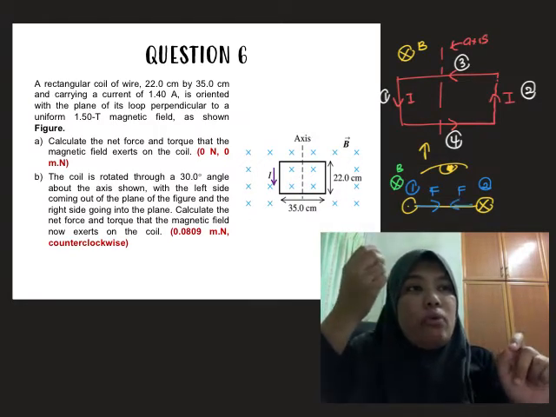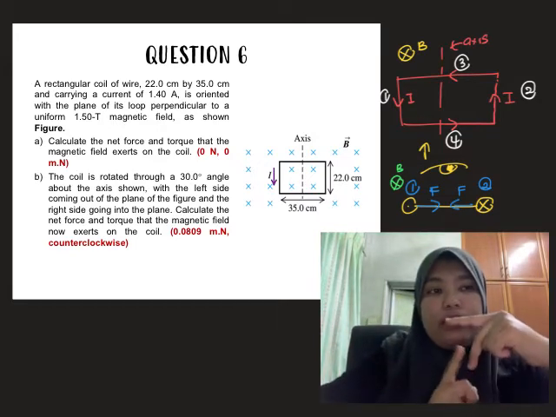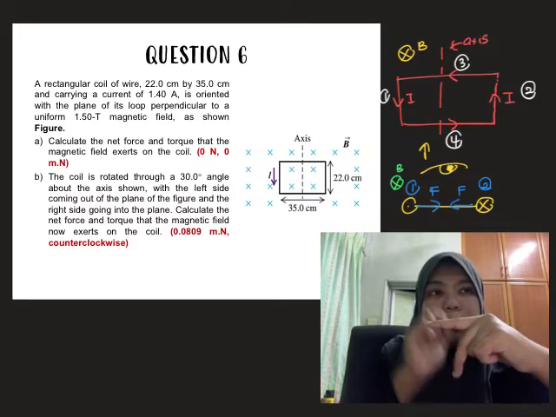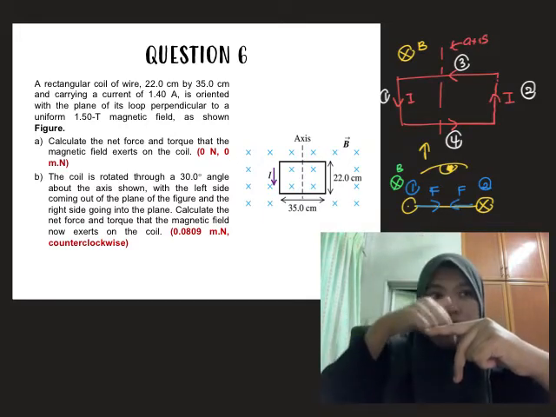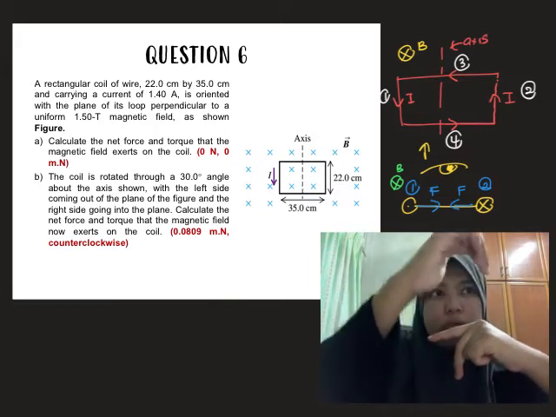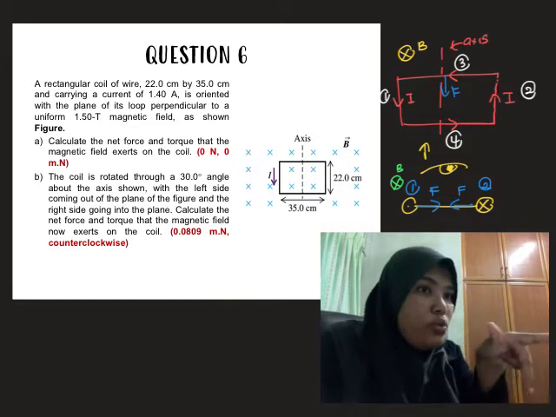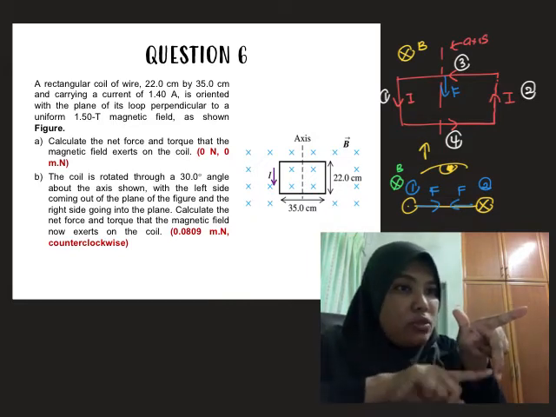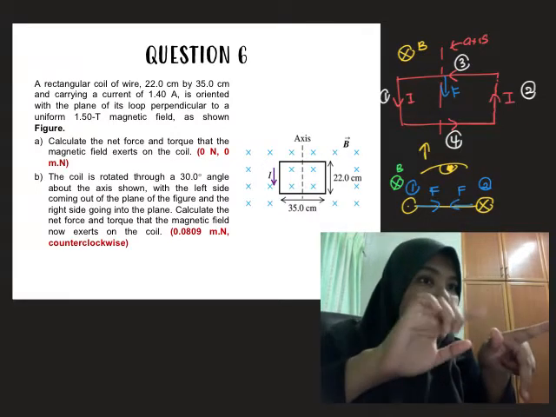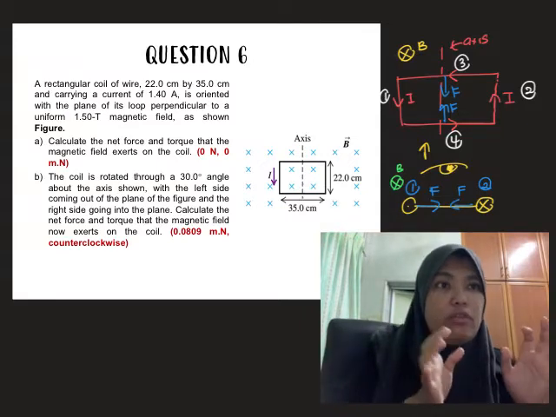For point 3, the current is to the left and the magnetic field is into the page, so the magnetic force is going to be towards you, which based on the red diagram is downward. For number 4, the current is to the right and the magnetic field is into the page, and the magnetic force is away from you, or based on the diagram is going to be upward. So that's how you find the magnetic force for question A.